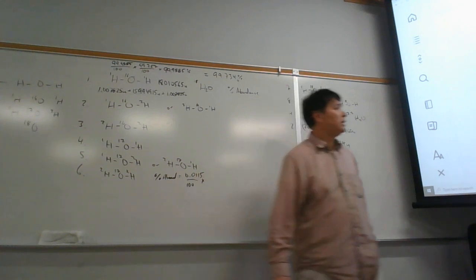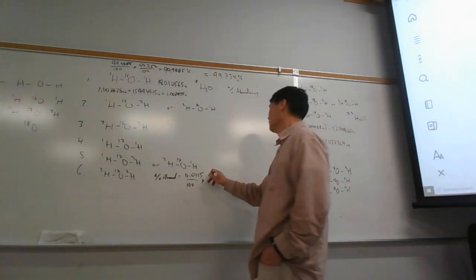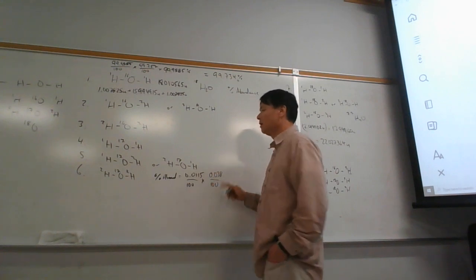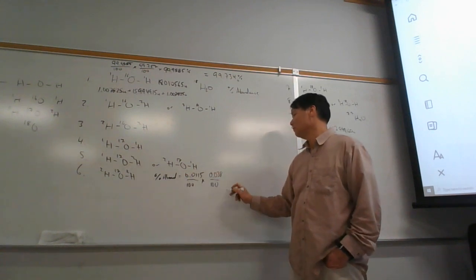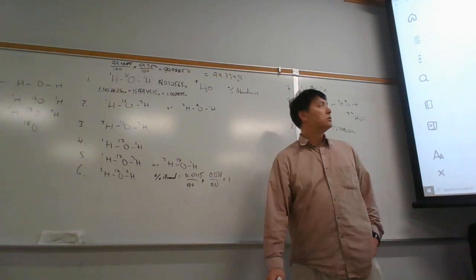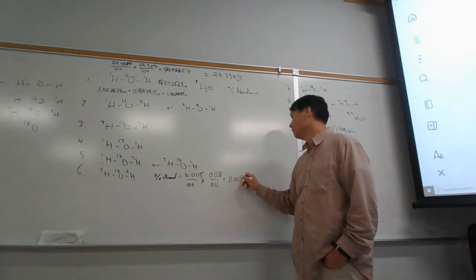Okay, O17 is a lot less abundant. O17 is going to be 0.038 out of 100. And then we'll do the last deuterium as a percentage. And that's going to be 0.0115%.